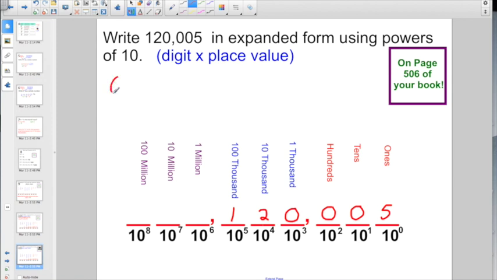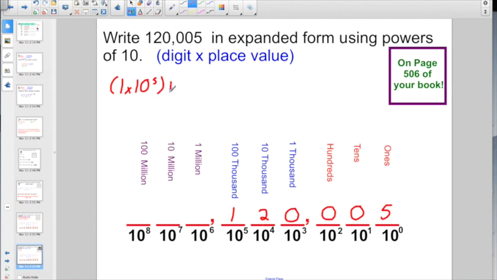Always parenthesis, digit times place value. My first digit up is a 1. He's hanging out in the 100,000s place. 100,000 has 5 zeros, so this would be 1 times 10 to the 5th power. It's just an easier, shorter way so you don't get stuck having to write all those zeros.